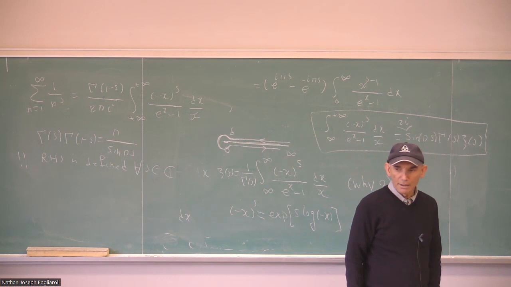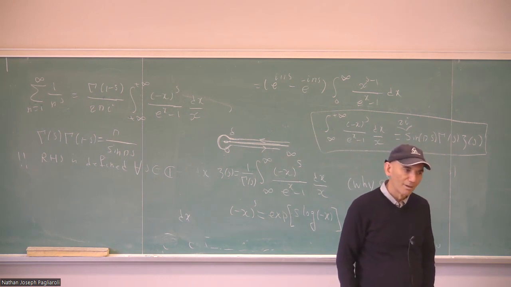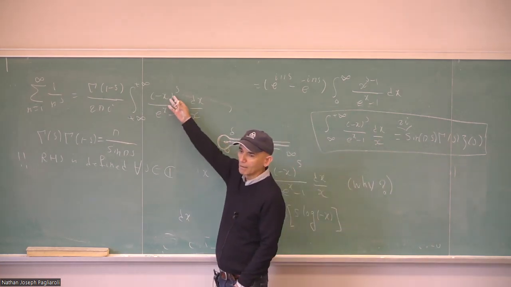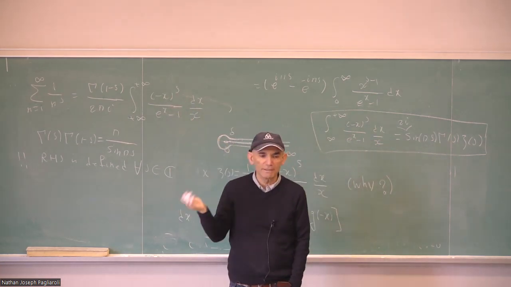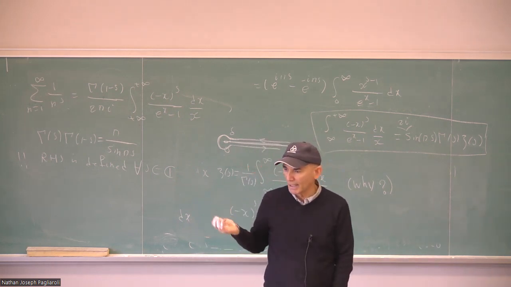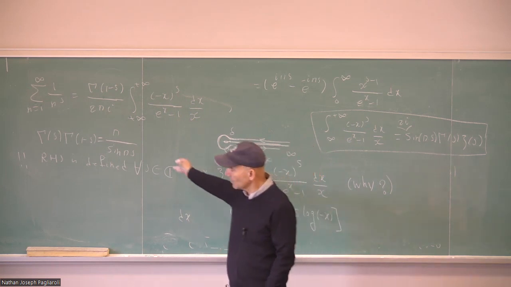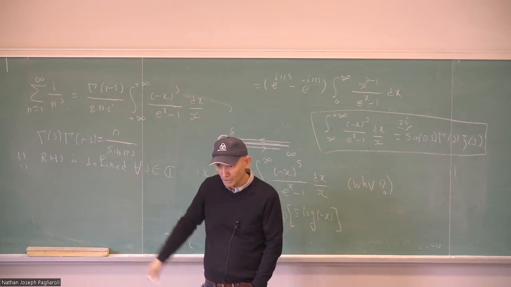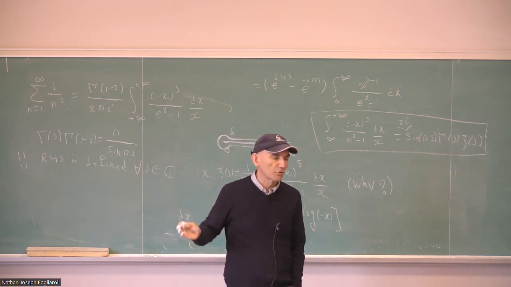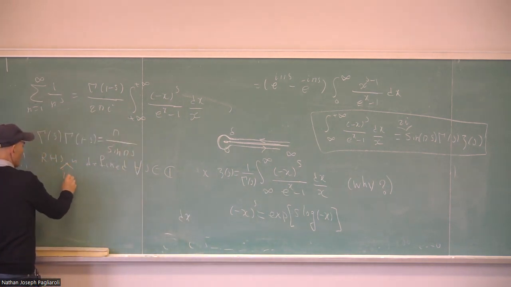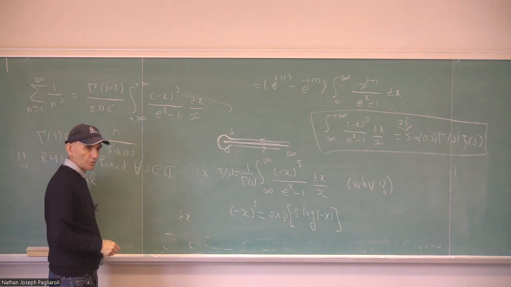Why is infinity okay? This is like a polynomial of order s, whatever s is, it doesn't matter. But this is exponential decay, so that's a really fast convergent integral. So the integral is defined for all s belonging to C.